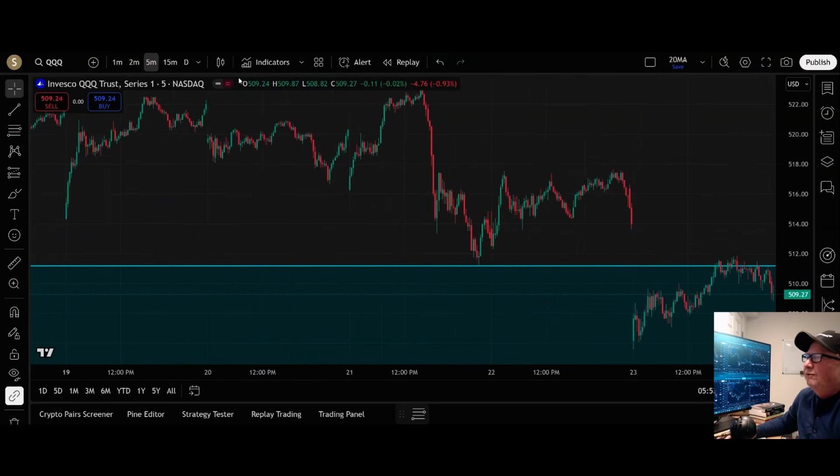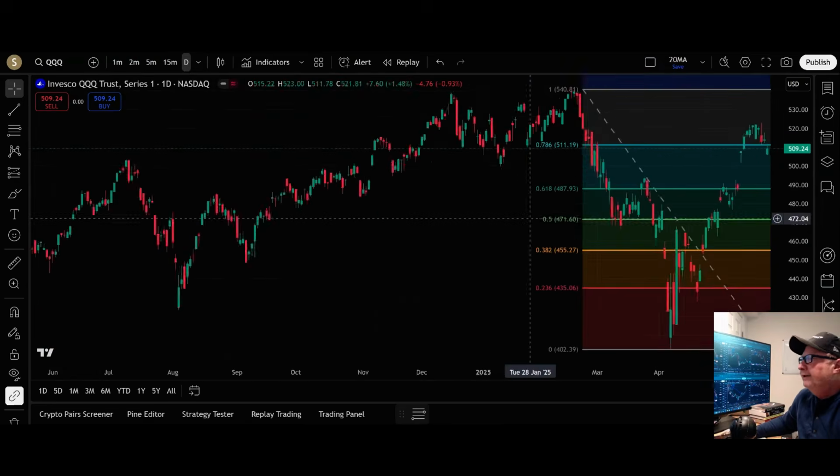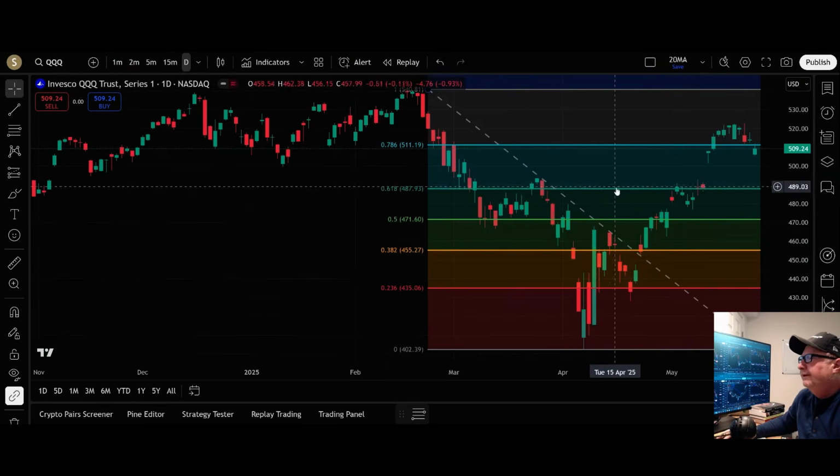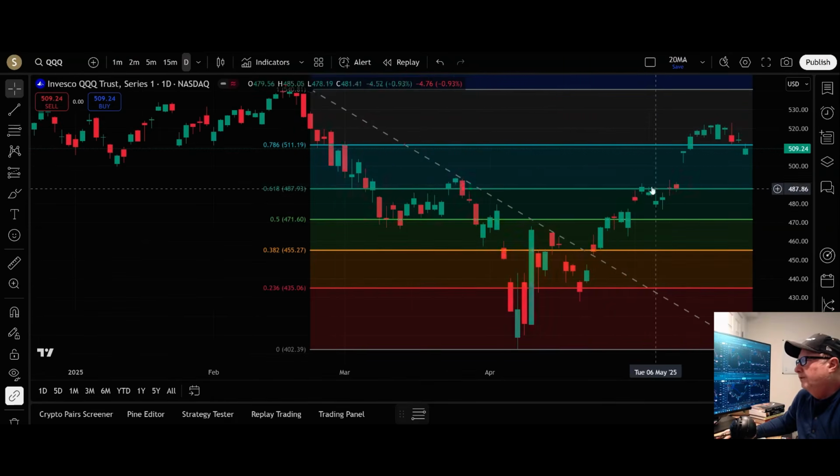But like I said, I'm not trading just off of these numbers. I'm not saying, oh, it's at 61.8, so I'm going to go short here. Although it would have worked, right, when you went through 61.8, a little pullback, and then a move higher.